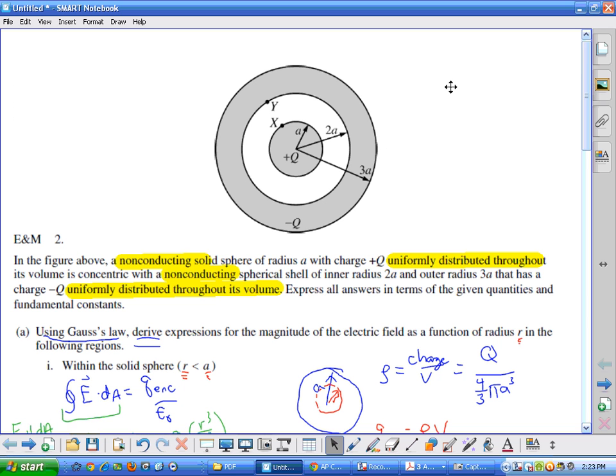But the key thing is there's no electric field outside of this sphere. If there's no electric field outside of this sphere, then if I bring a charge from infinity all the way up to that edge of this sphere, I'm not doing any work against the electric field. Since the electric field is 0, the work done against the electric field is 0.